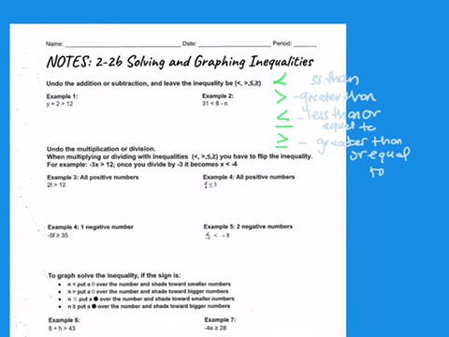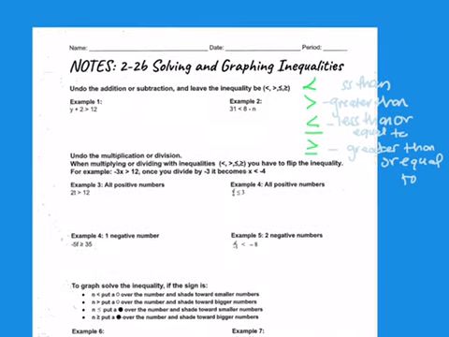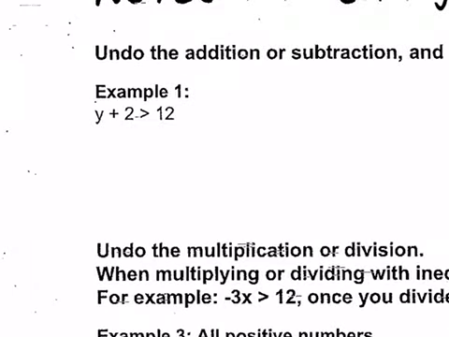you're going to solve these the same way that we were solving those one-step equations. So you're solving them the same way until we deal with negatives, but we'll look at that here in just a second. So for example 1, I've got y, some number, plus 2 is going to be greater than 12.